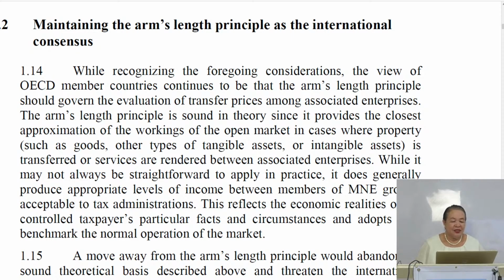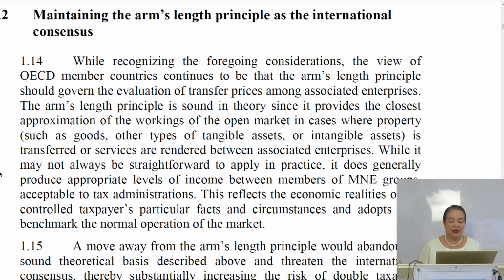Okay. So the arm's length principle is sound in theory since it provides the closest approximation of the workings of the open market in cases where property such as goods, other types of tangible assets, or intangible assets is transferred or services are rendered between associated enterprises.